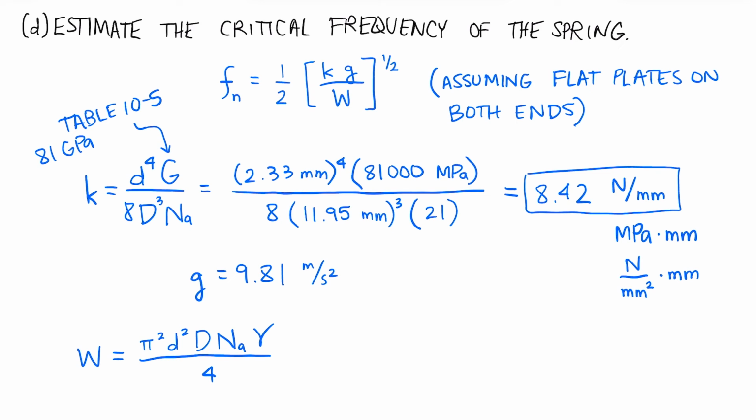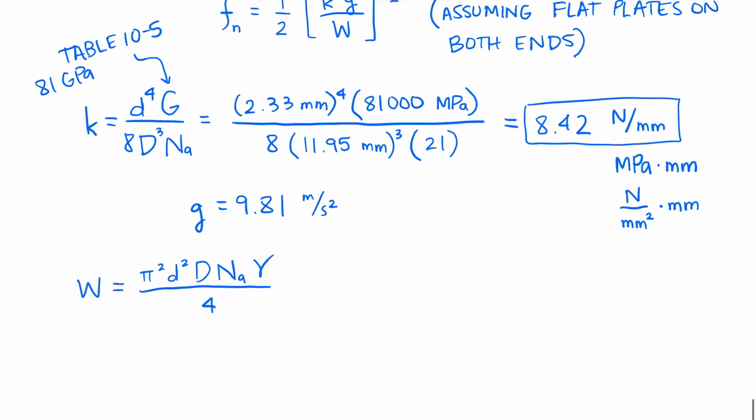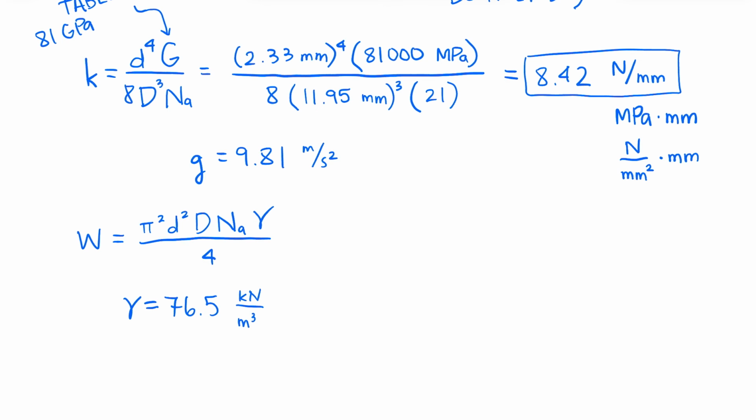And this is music wire. Music wire is a type of steel, and so we're going to use the specific weight of steel, which we said in that same video, it's 76.5 kilonewtons per meter cubed, which is also equal to 76,500 newtons per meter cubed.